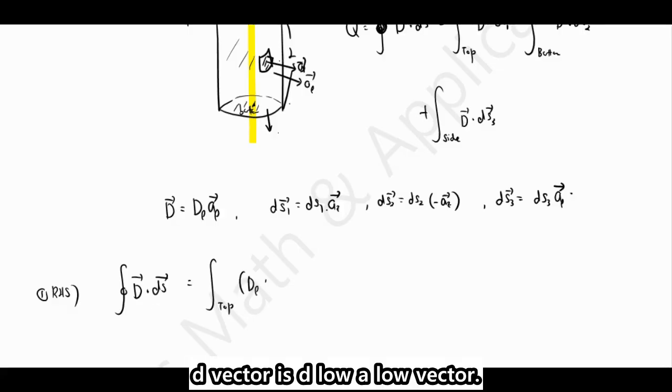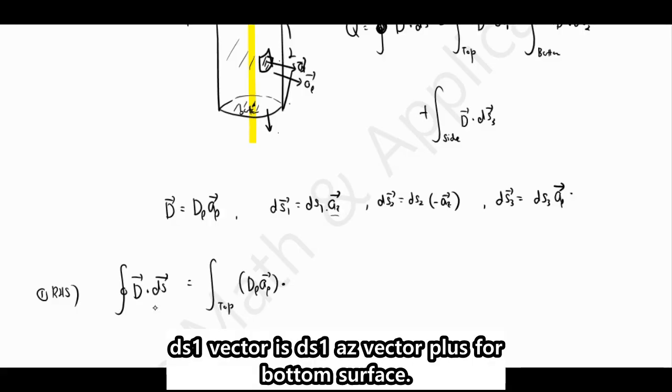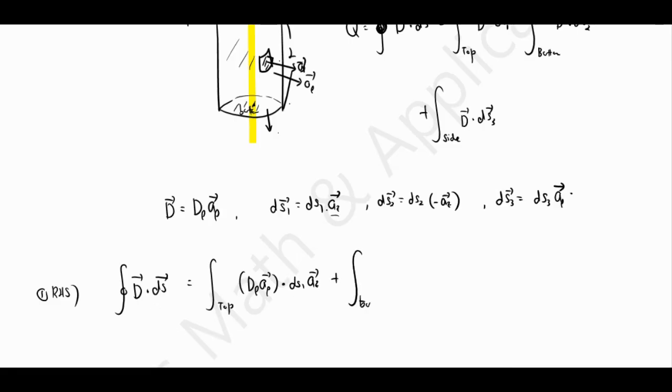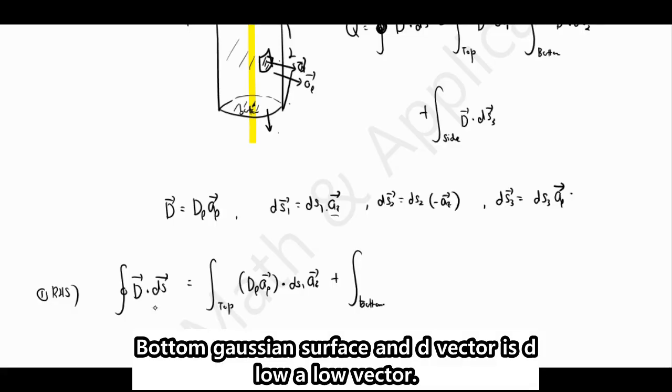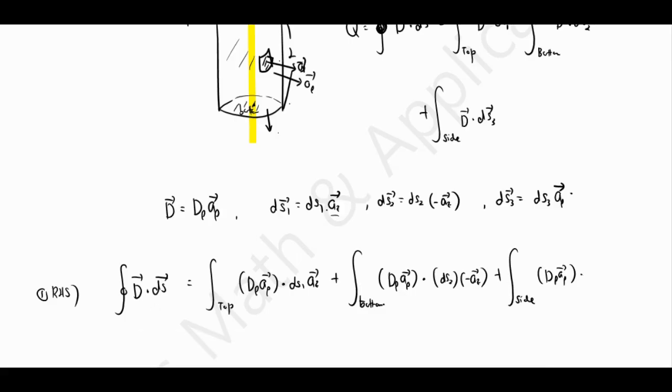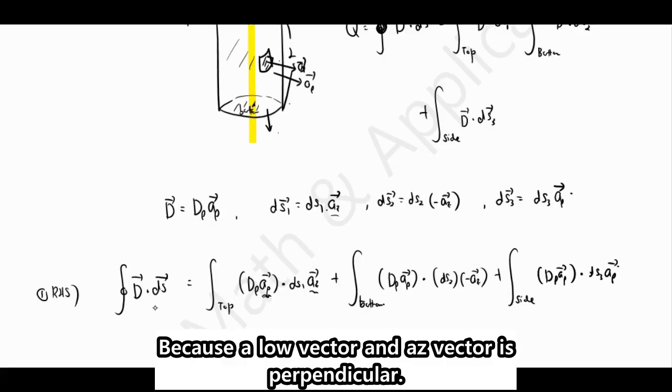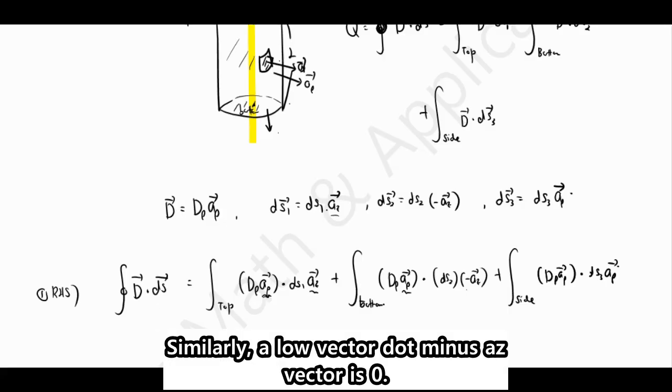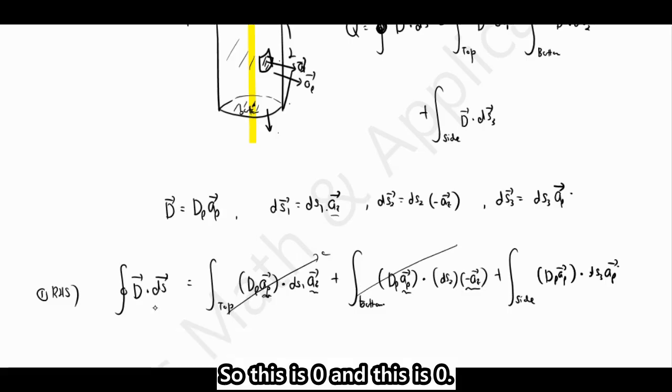D vector is D_rho a_rho vector dot dS1 a_z vector, plus for bottom Gaussian surface, D vector is D_rho a_rho vector dot dS2 minus a_z vector, plus for side surface D_rho a_rho vector, the dS3 a_rho vector. a_rho vector dot a_z vector is 0, because a_rho vector and a_z vector are perpendicular. Similarly, a_rho vector dot minus a_z vector is 0, so this is 0 and this is 0.